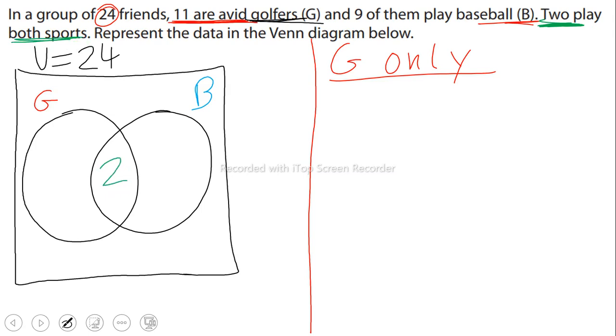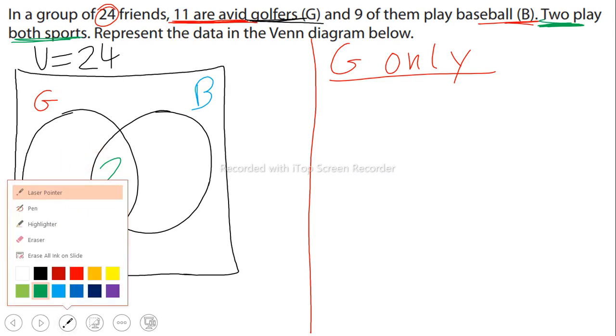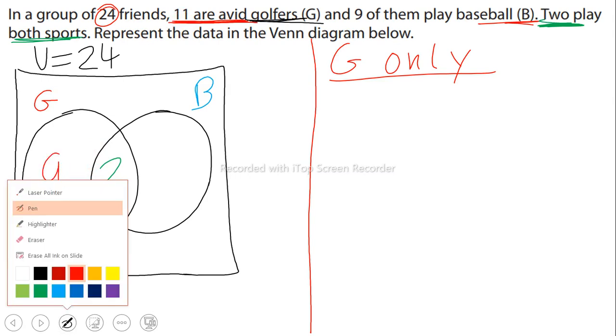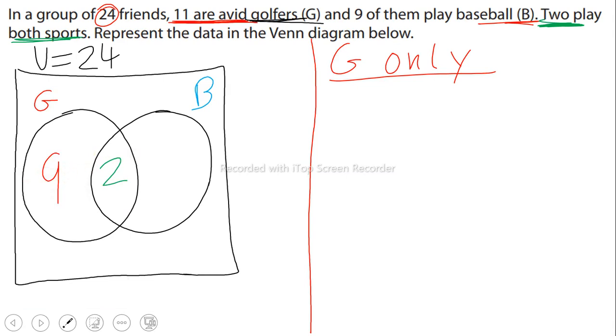So 2 is gonna be in the intersection. And we know that in total we're supposed to get 11. So we have to add 9 plus 2 to get 11. Putting that in working form, we just subtract 11 minus 2, which gives us 9.